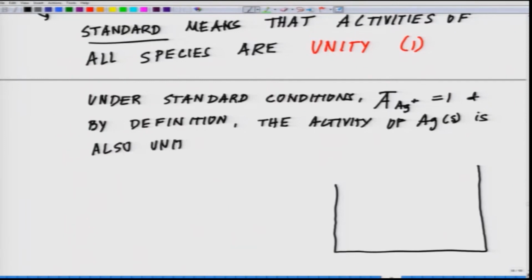We will come later into that. What does that mean? Solid is also considered as unity. Now, let us draw the half cell and its reference cell.